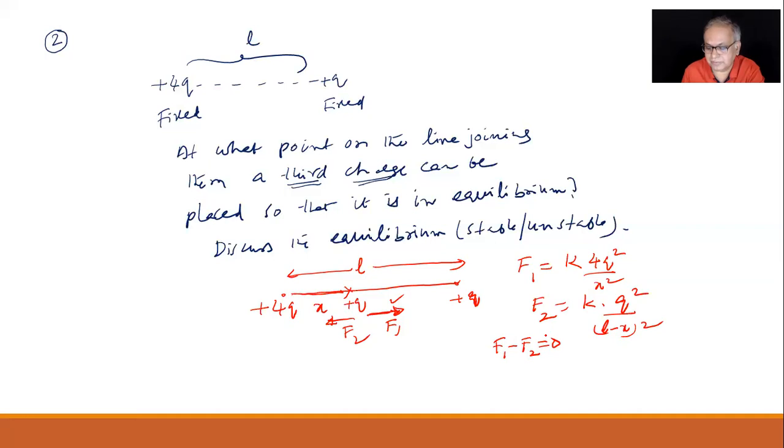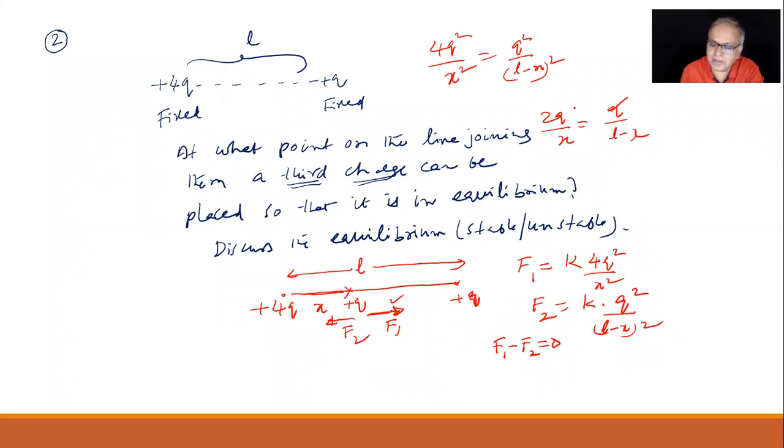So can I write straight away? K cancels. I'll write once again. 4q square by x square is equal to q square by L minus x whole square. 2q by x is equal to, I can take the plus value, q by L minus x.